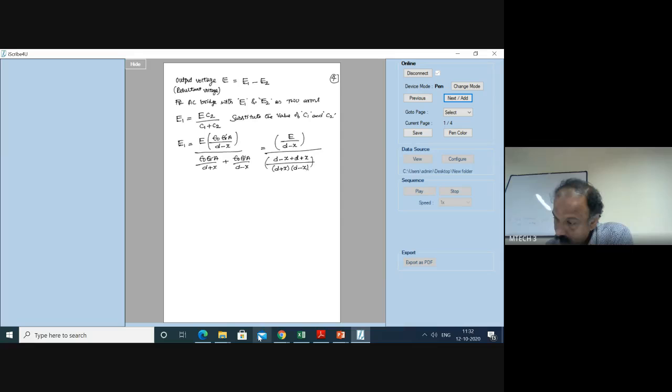Now d minus x goes away. Minus x plus x goes away. So E1 will be equal to what? E divided by E into... tell me what is E1? Work out and tell me.